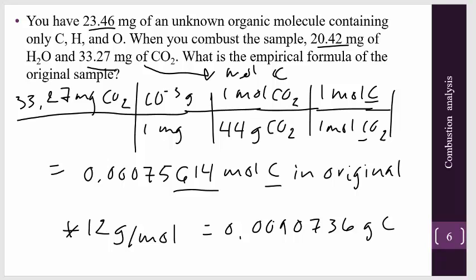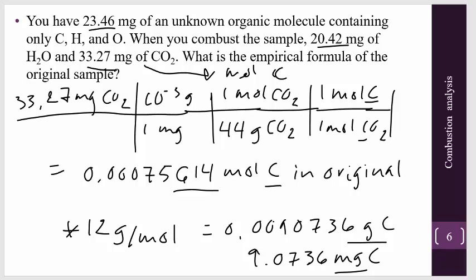And our original is in milligrams, so I'm just going to go ahead and convert this into milligrams as well. Milligrams of carbon. So our original sample had this many moles of carbon, this many grams, this many milligrams of carbon in that original reactant sample that was combusted.